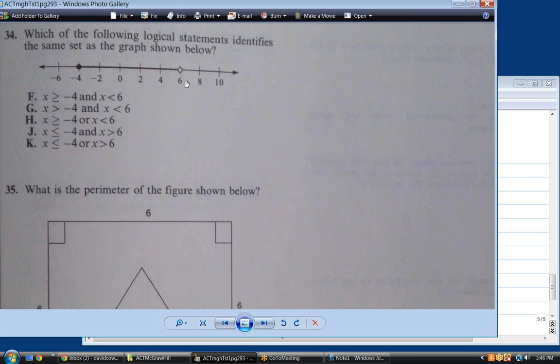Greater than. No, sorry. So it's going to be G. No, it's going to be F. There's a lot of details here. In other words, this looks almost exactly the same as this. The only difference is the equal sign here, which corresponds to the black dot.